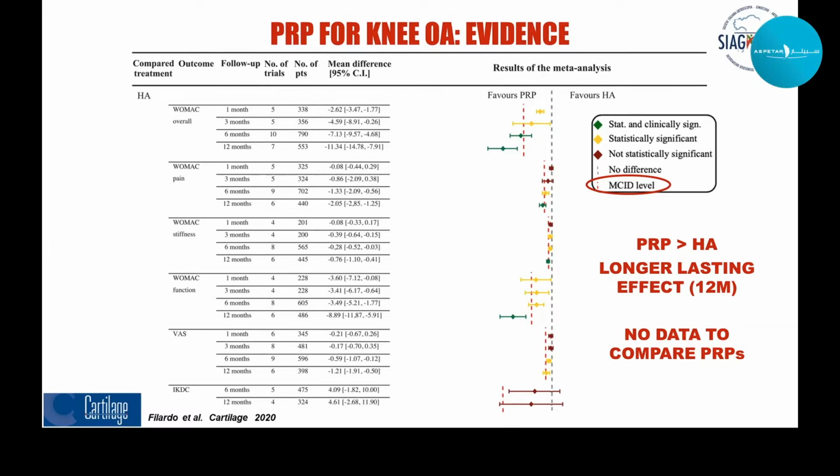The only thing that has been shown very strongly is that PRP has longer lasting effects, at least 1 year, more than hyaluronic acid. But a very difficult thing is that we don't have enough data to compare different types of PRP, which remains a difficult part when we are talking about PRP.